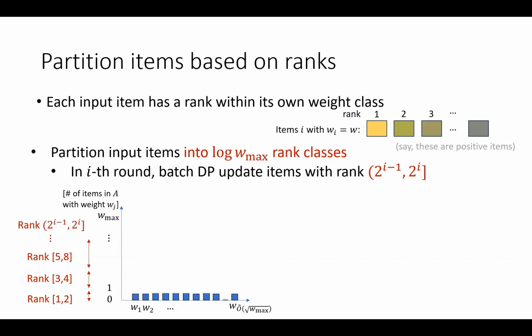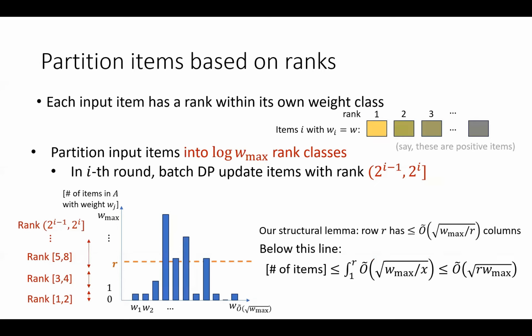So basically, we are kind of growing the columns in this histogram. So let's say this is the optimal solution. Then if we finish the first round of DP, then the partial solution represented by this histogram should be included in the DP table. And at the end of the next round, the partial solution of this histogram should be included in the DP table, and so on.